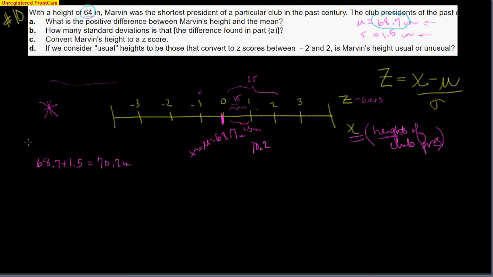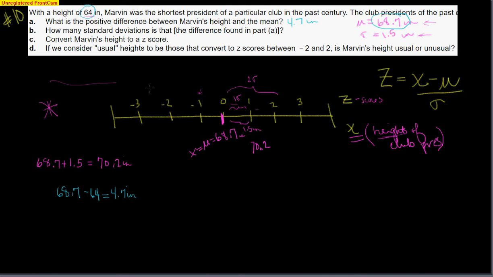You can subtract 68.7 minus that 64 is going to equal 4.7 inches. So that's going to be part A, 4.7 inches. Okay. Graphically, what is that?